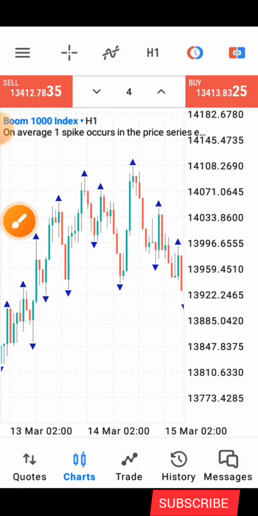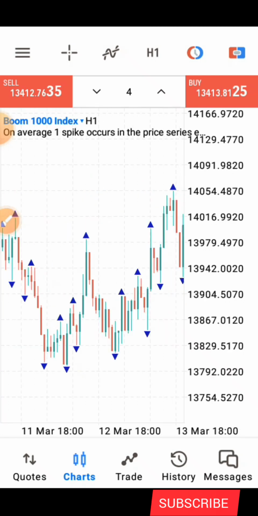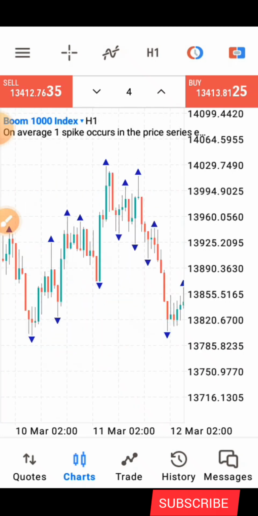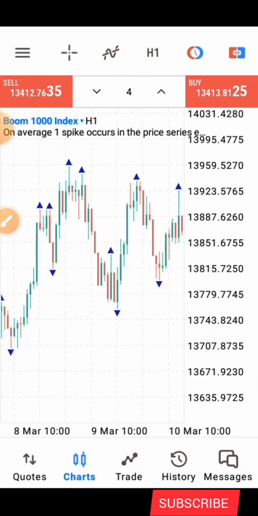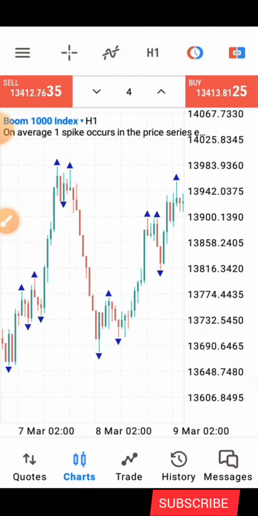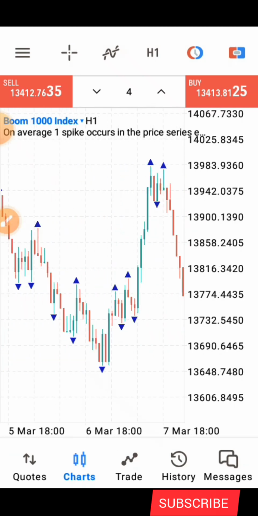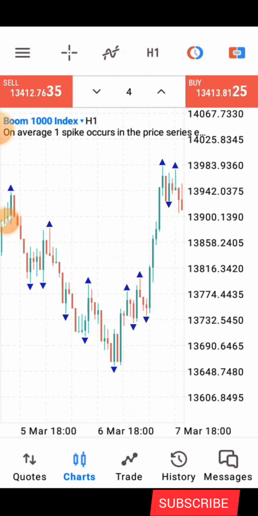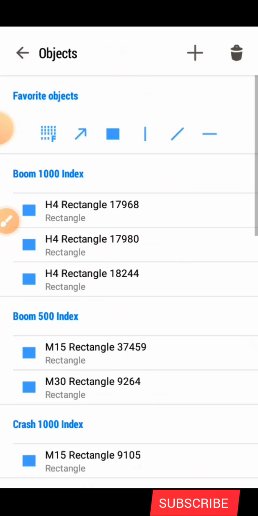So with this strategy you can even trade against spikes, and you can use this strategy also to catch spikes. You can trade both ways. You don't need to care about what the market is doing. You just wait for your condition to be met, and then you can use it and milk the market. Now you can see it also happened here.